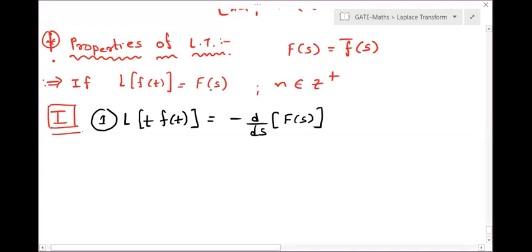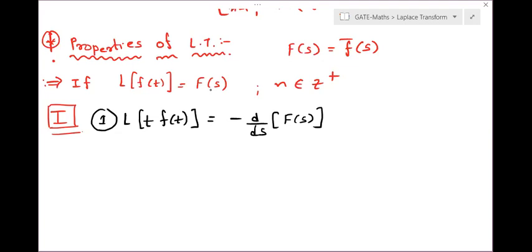Now, second thing: if t is multiplied 2 times, 3 times, 4 times, then what should we do? Suppose t is multiplied n times.